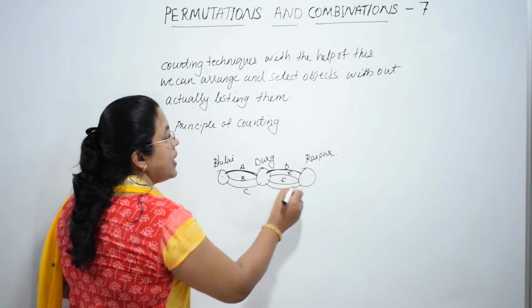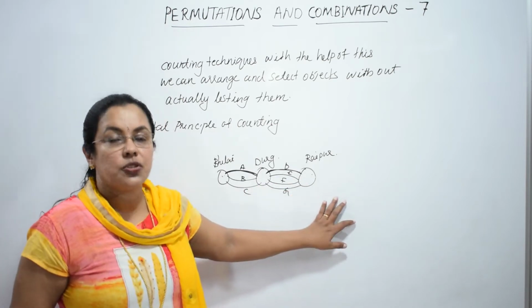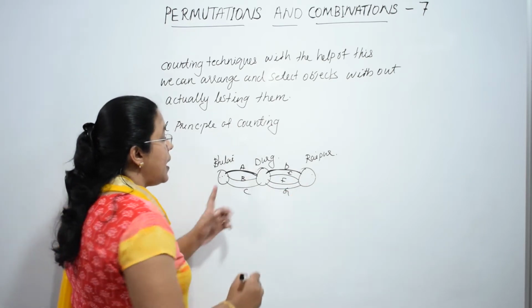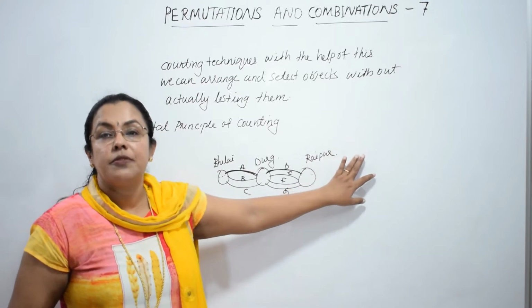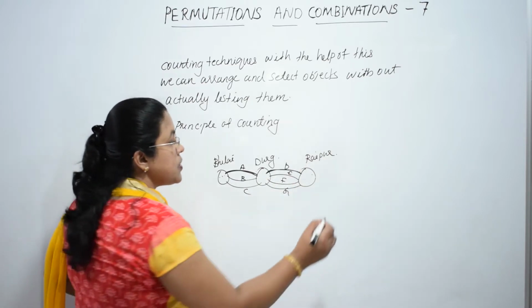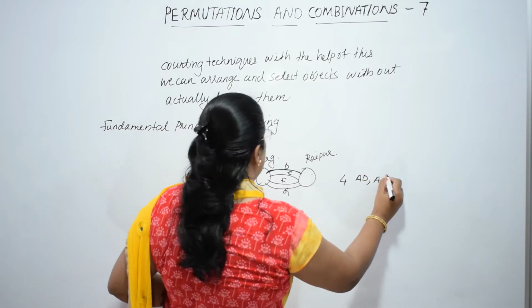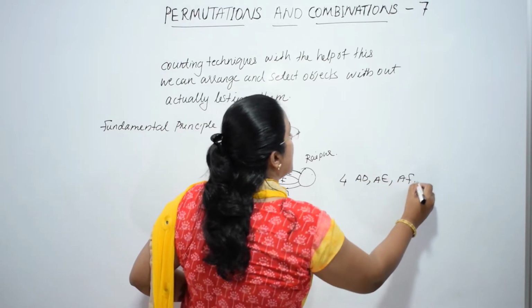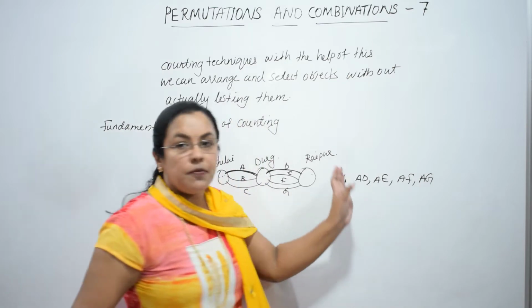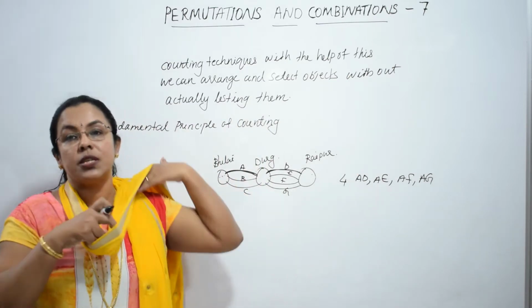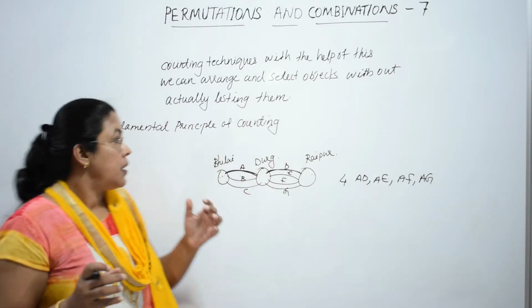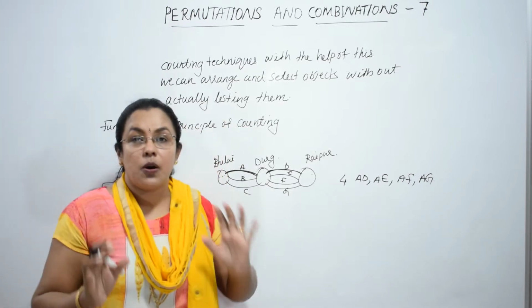Follow A, then F, then also. Follow A, then G, then also. Means 4 ways: AD, AE, AF and AG.